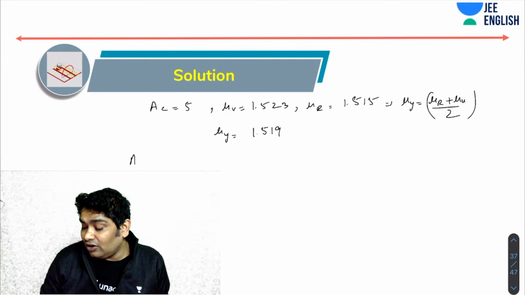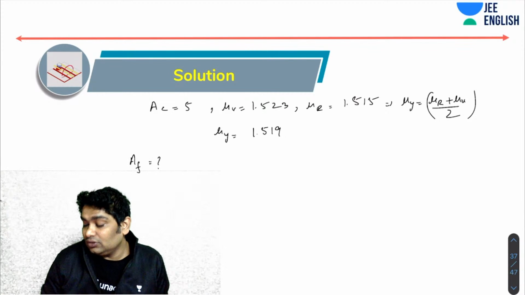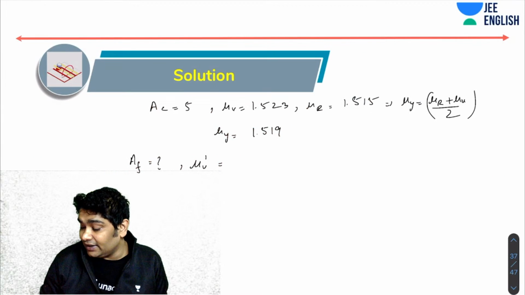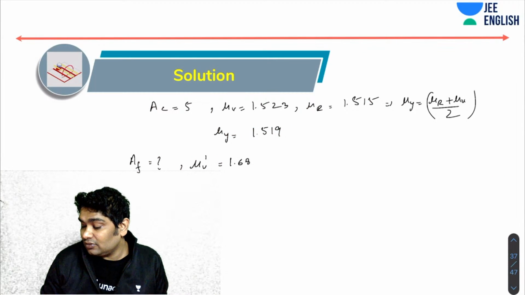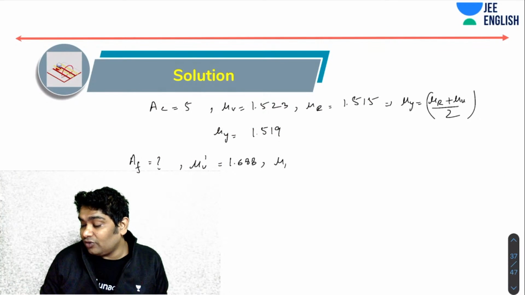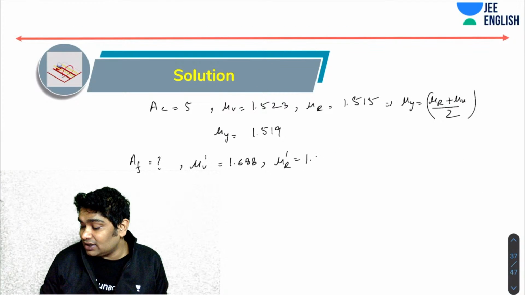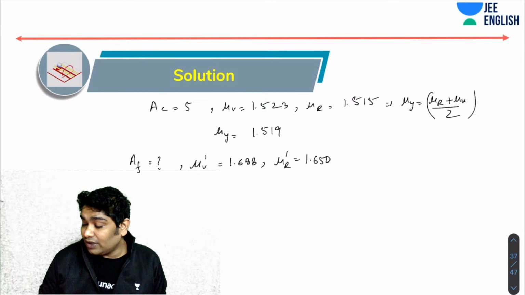Similarly, for A dash of flint glass, I don't know. And mu dash for violet for flint glass is known to me. That is 1.688. Also, mu dash for red is known to me. That is 1.650.